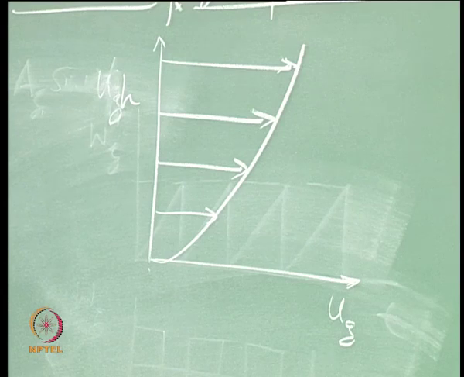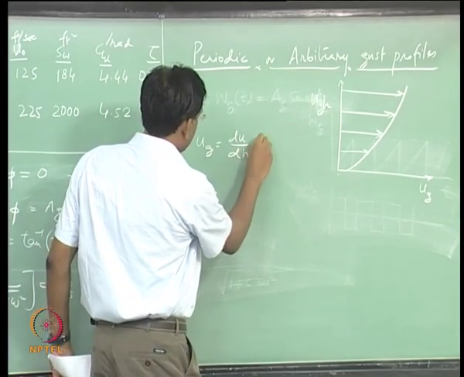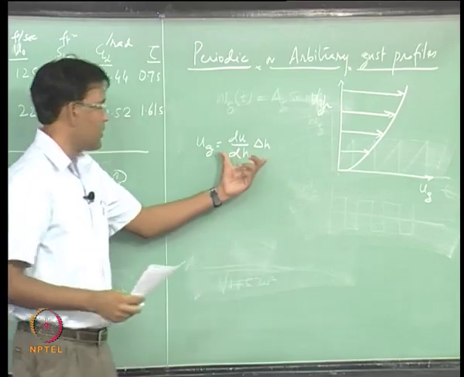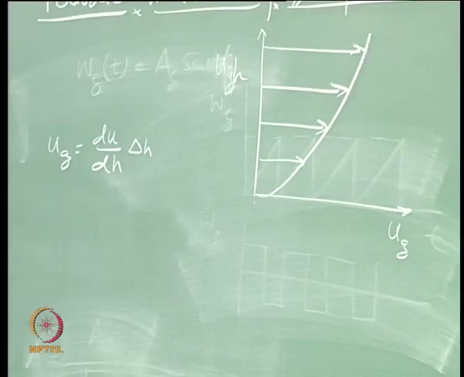Now, how will you deal with such cases? So, U_g is somewhat like this function where h is being measured from the ground.